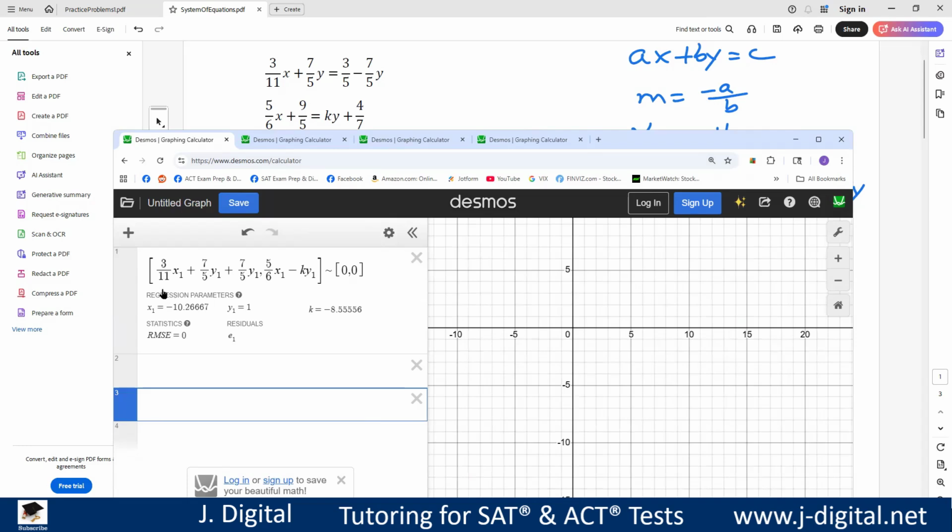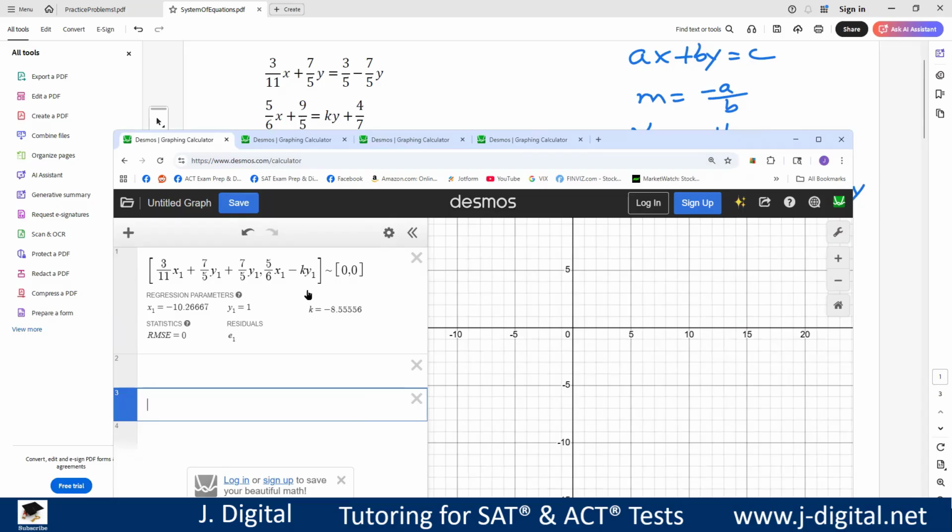Okay. So we get 3 over 11 x1 plus 7/5 y1, and then we move the other 7/5 over, you get another plus 7/5 y1. Okay, second equation, so separating by comma there, we have 5/6 x1, move the ky to the left side, you get negative ky1.